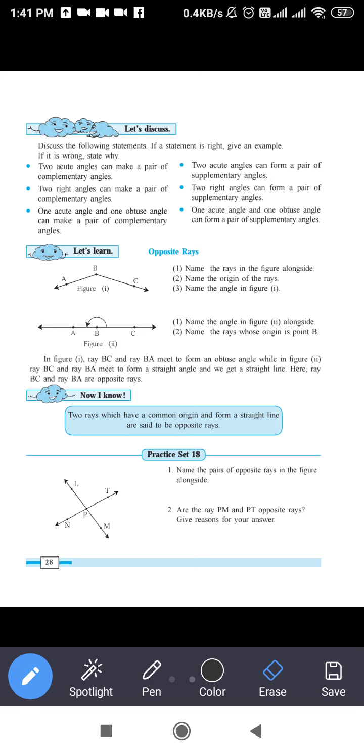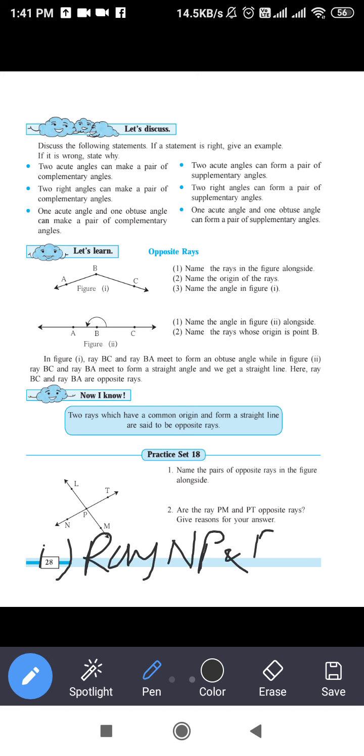Now the first one, you can see two rays NP and PT. They have the same origin P, and they are forming the straight line NT, right? So therefore they are opposite rays. So what will the first pair of opposite rays be? Ray NP and ray PT. Understood properly?